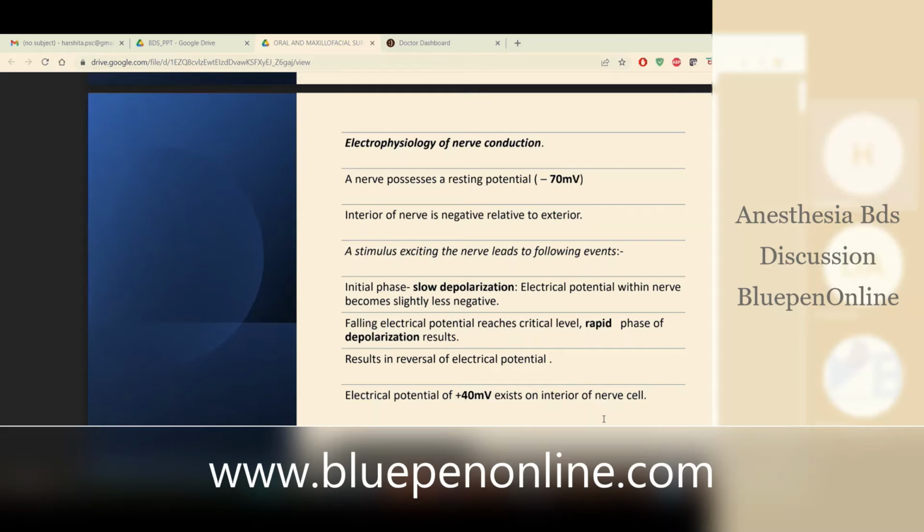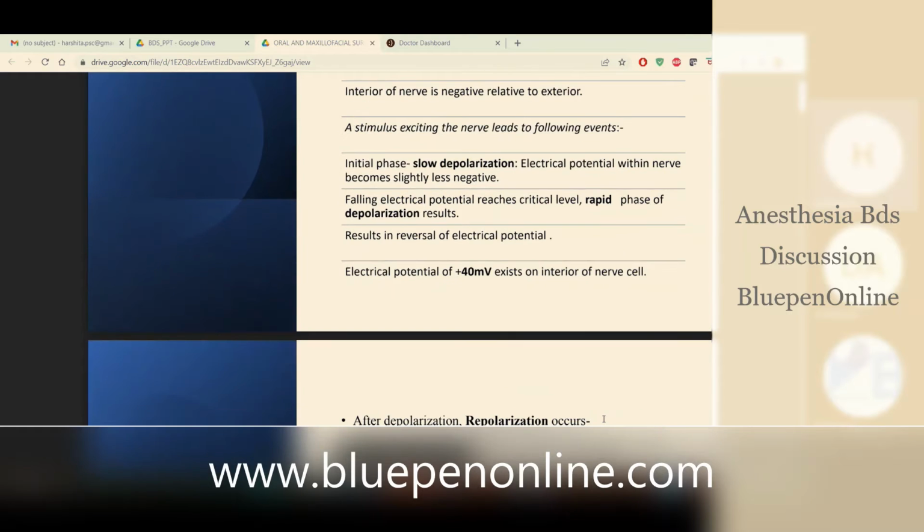Then after that, there will be a critical phase, followed by an immediate reversal of the charge. In the rapid phase, when the potential goes to minus 40 millivolts, due to this reversal it will become plus 40 millivolts. So it will be positive in the interior compared to the exterior of the nerve cell.